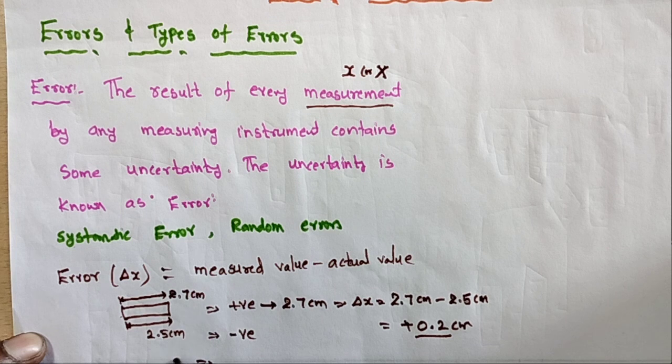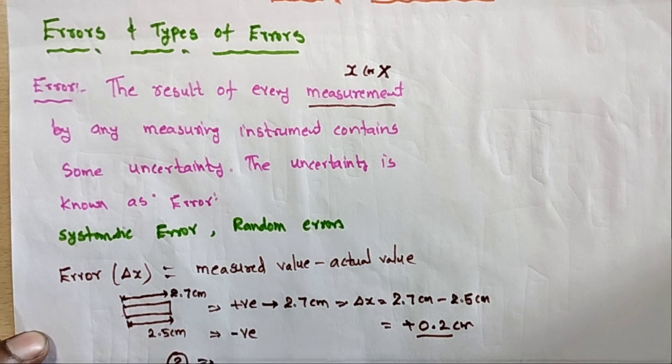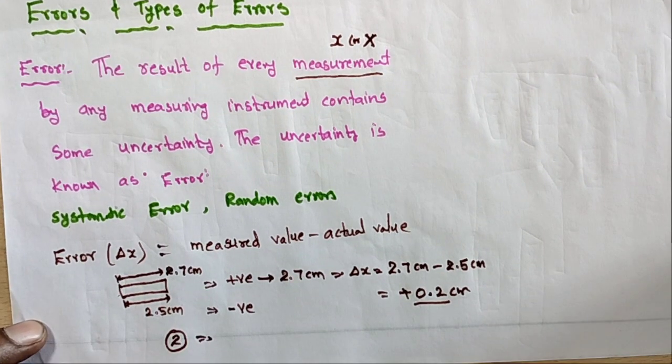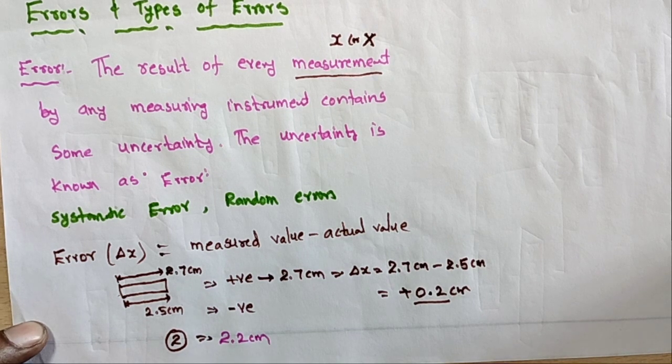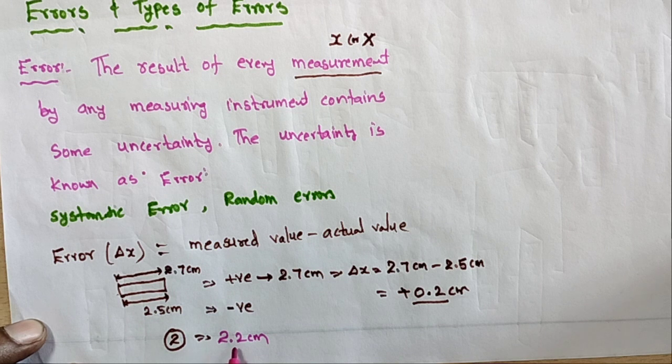In the second case, suppose the second student measures the same object and gets 2.2 centimeters. What is the error?